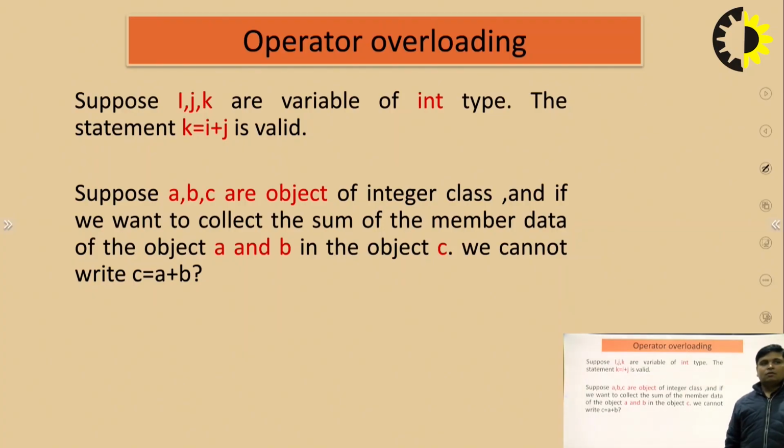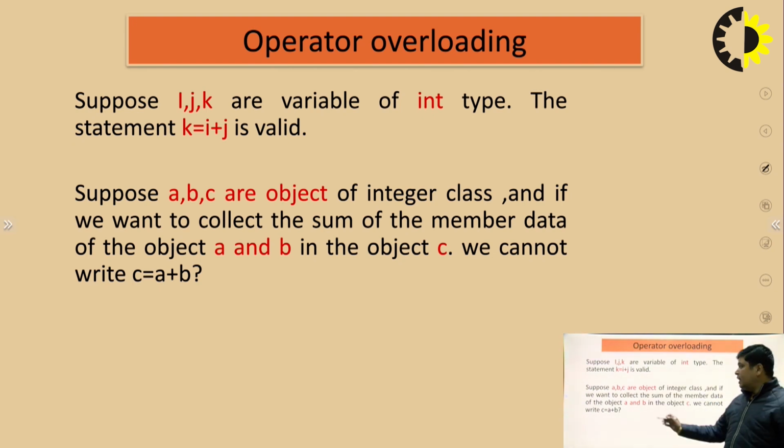Now suppose I am going to discuss operator overloading. Suppose we have three variables I, J and K, and these three variables are of the same type, integer type, then we can perform the sum, no issue at all.